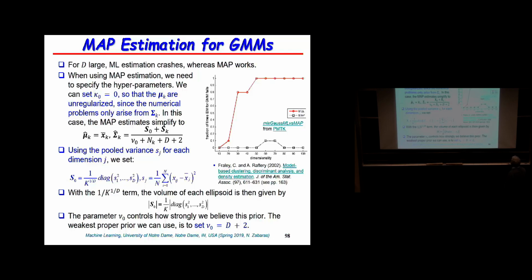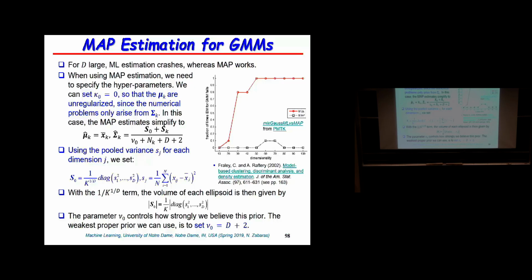And on the top, it shows the fraction of times that the expectation maximization algorithm fails. And failure has to do with the calculation of the covariances of each mixture component sigma k. So if you try to do this casually, you will see that sigma k comes to be singular, right? It comes to be singular.